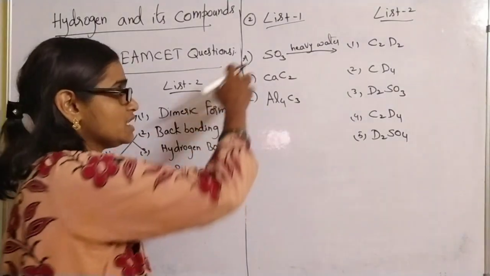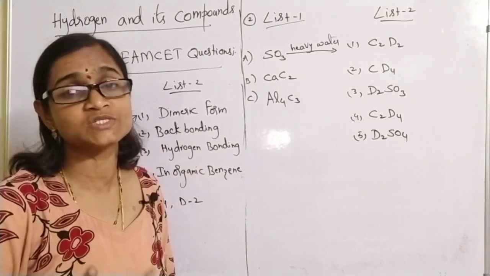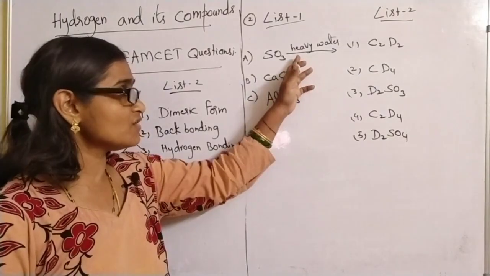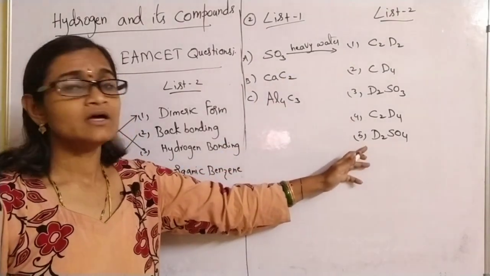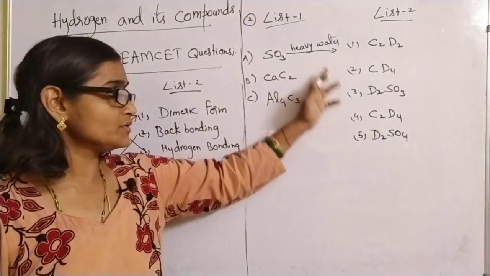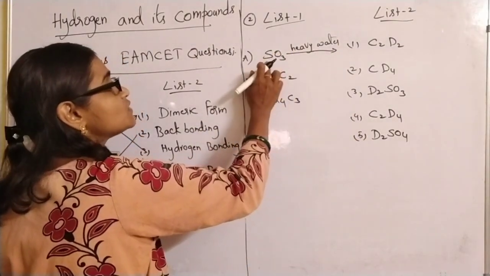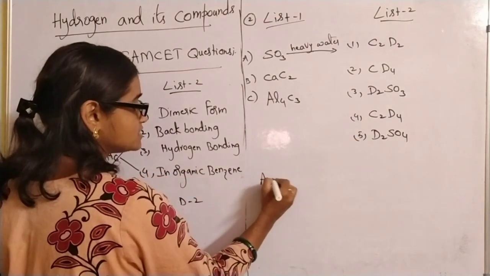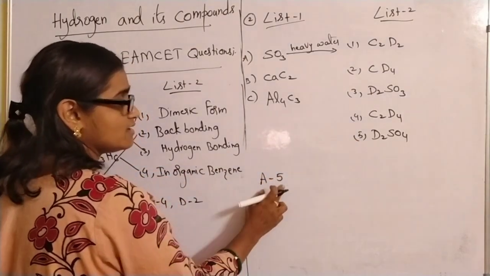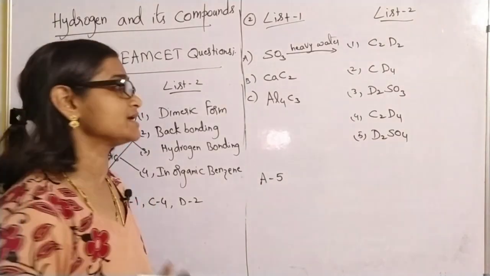Generally SO3 on treatment with normal water gives H2SO4. Here, instead of normal water, you took heavy water, so you should get deuterosulfuric acid. So for A, option 5 is the correct answer.